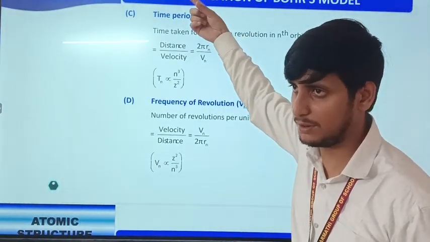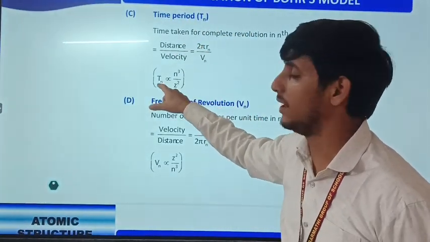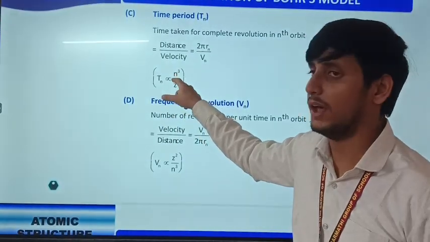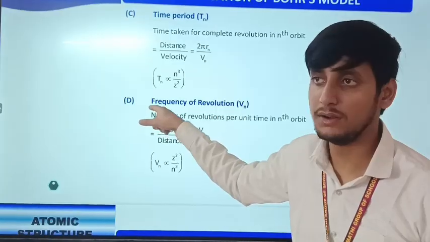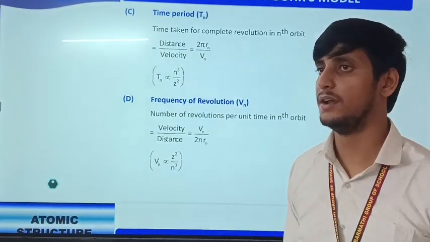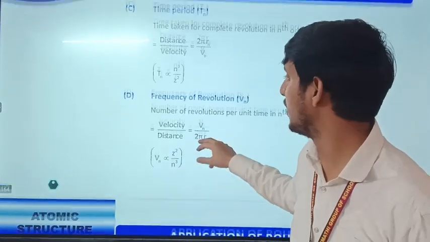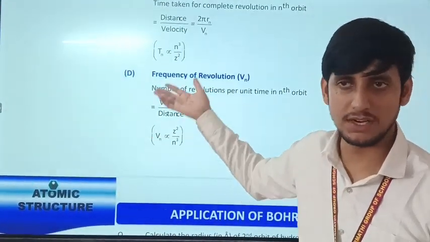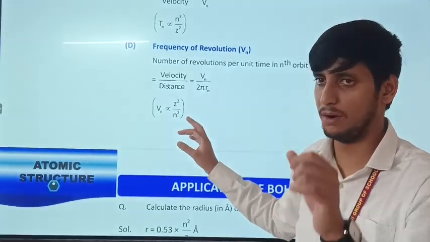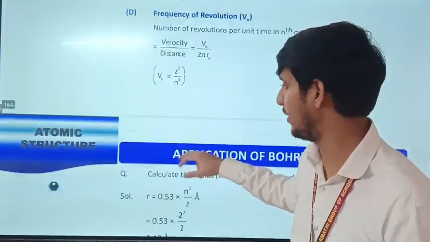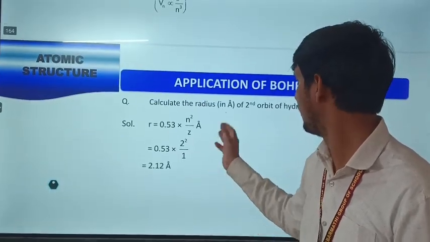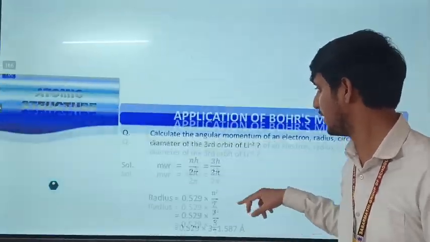After putting all the values in the last formula, you get T directly proportional to n cube upon Z square, considering the constants. And frequency is 1 upon T, meaning Z square upon n cube. Frequency is 1 upon time, per second. This type of numericals you can solve.